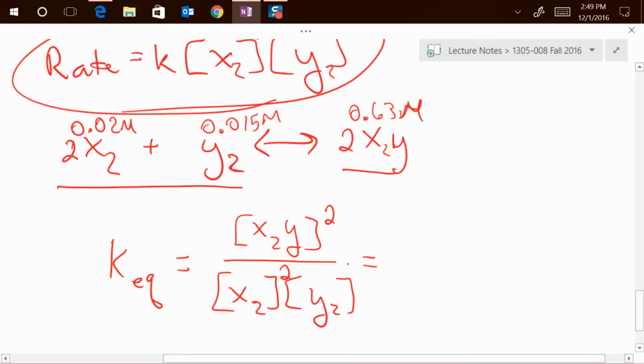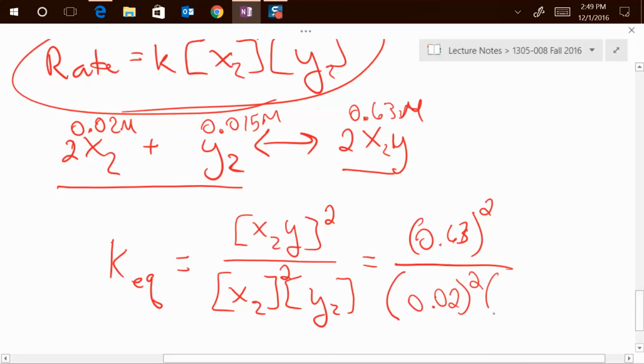So I'm going to substitute: 0.63 squared divided by 0.02 squared times 0.015.